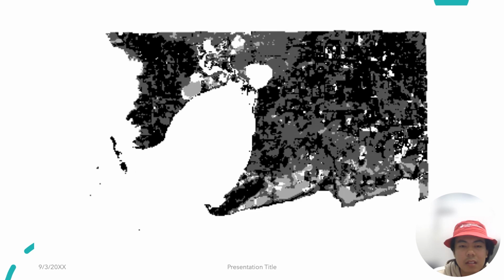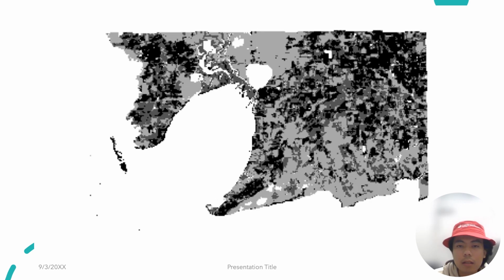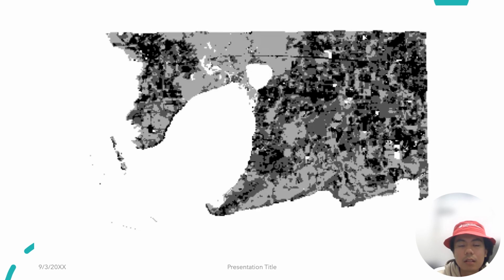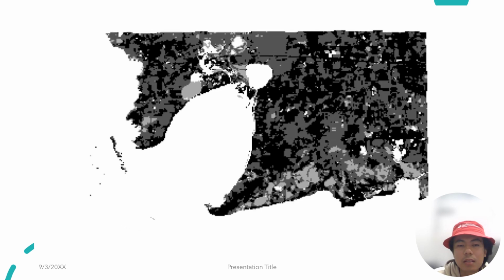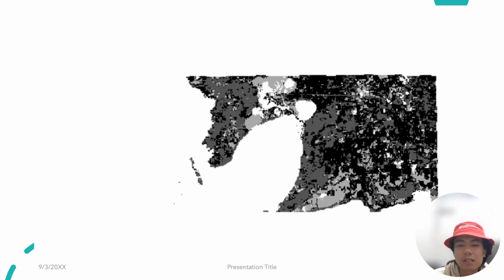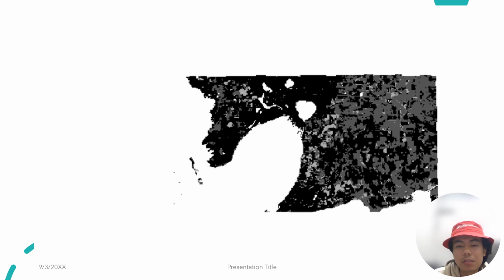And then this is the result of K-means clustering. The results are more detailed, and we can see the change of the clustering result, the land use land cover change over time.